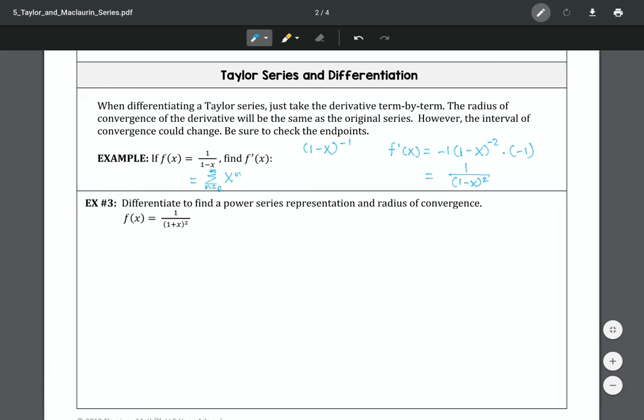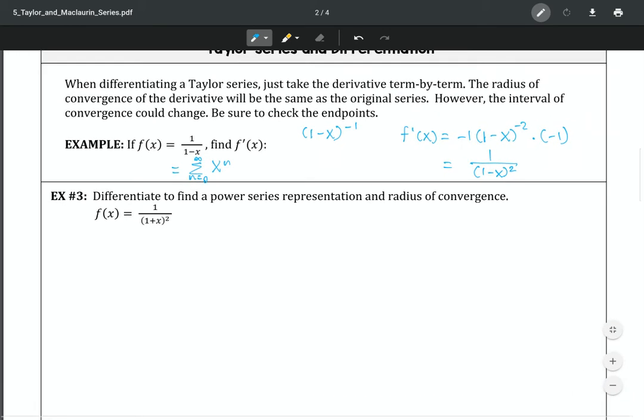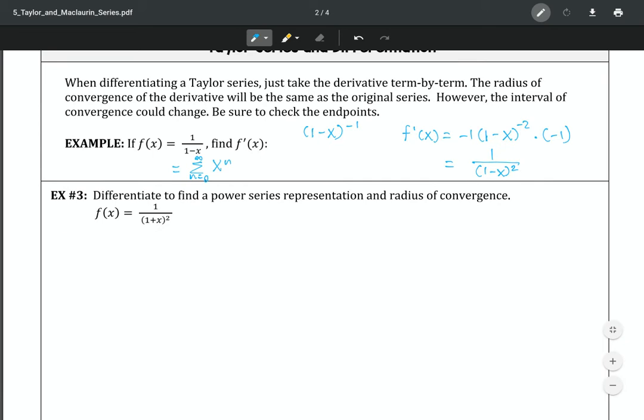Okay, so here's what we're going to do. The first thing we're going to do is notice it's going to be a little bit weird. I can't really just take the derivative of this yet. Hold on, I'm trying to think how they would do this. Okay. All right.